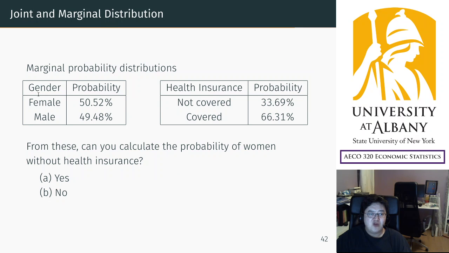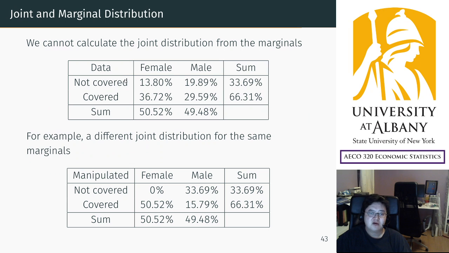So when you have these two marginal distributions, they are compatible with this table or this table, compatible with both. So that means you cannot tell whether the truth is this or this, only from these numbers. So you cannot distinguish what is right and what is wrong, what is fake, only by comparing the marginal distributions.